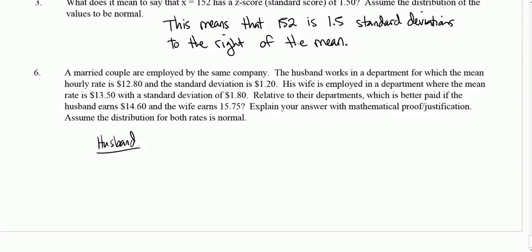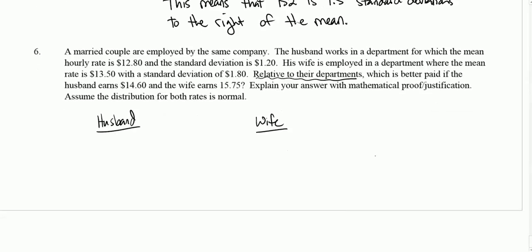The wife is employed in the department where the mean is $13.50 with a standard deviation of $1.80. Relative to their departments, which is better paid if the husband earns $14.60 and the wife earns $15.75? So when it says relative to their departments, we're talking, let's find their z-scores.